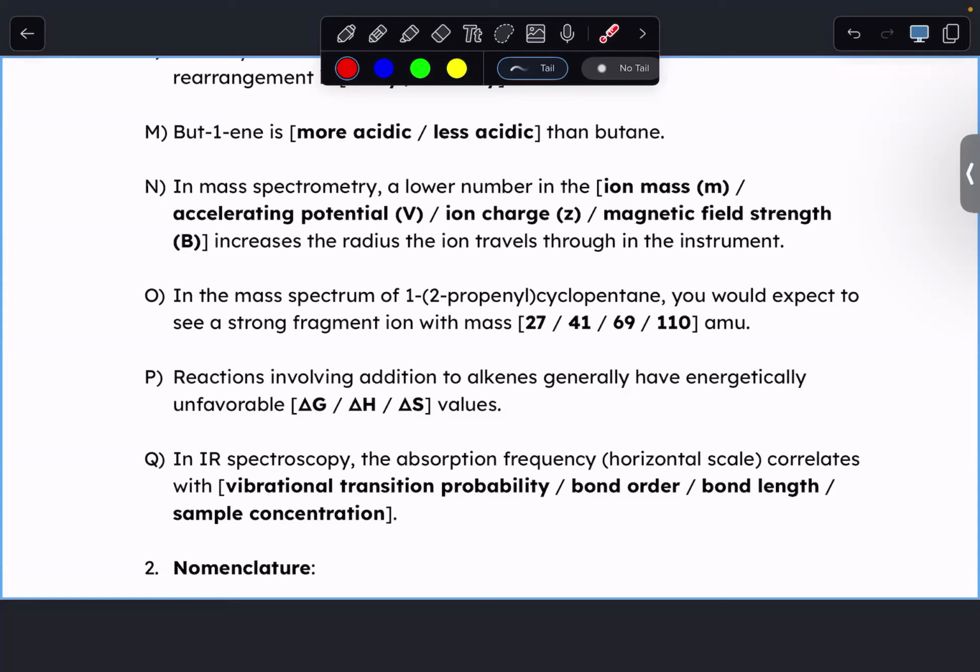So when you're saying alpha carbon, alpha is like the first one, right next to it. When we learn about more reactions, this would be considered the alpha carbon, but in mass spec, this is considered differently.